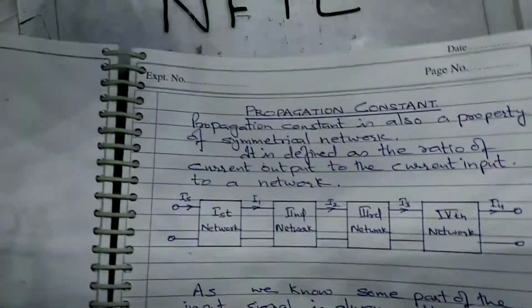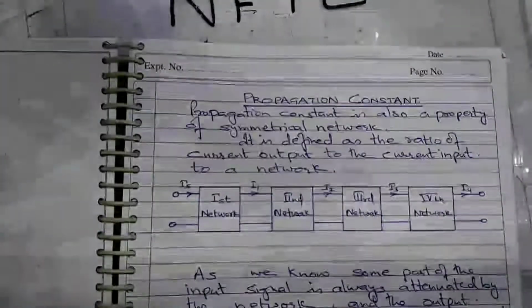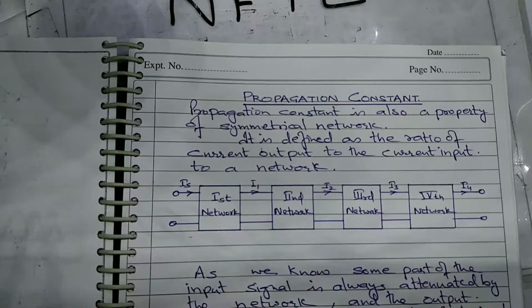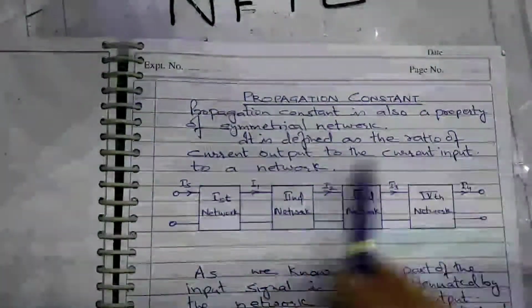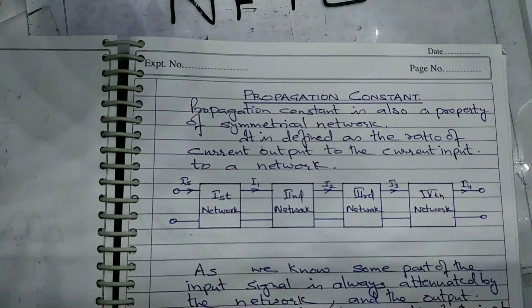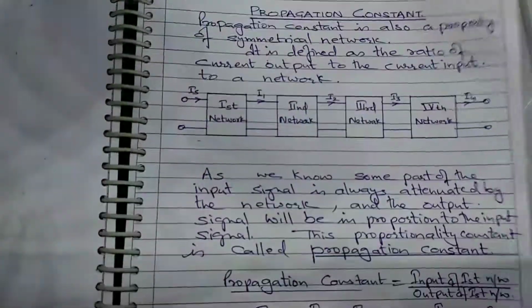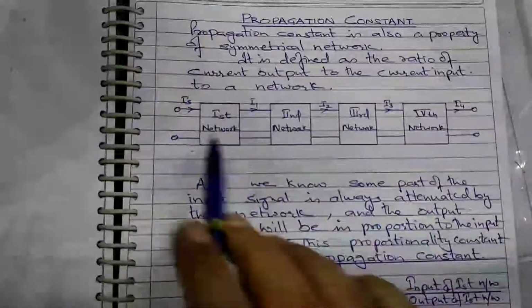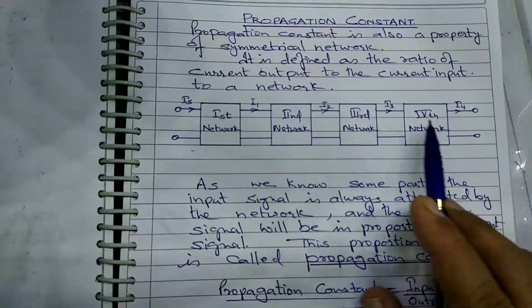Now we see the propagation constant. Propagation constant is also a property of symmetrical network. It is defined as the ratio of current output to the current input of a network. As we see, this is a network which consists of various networks. So first network, second network, third network, and the fourth network.